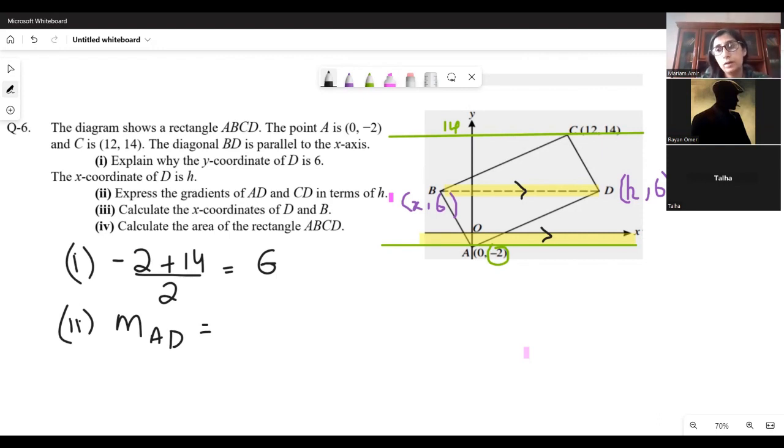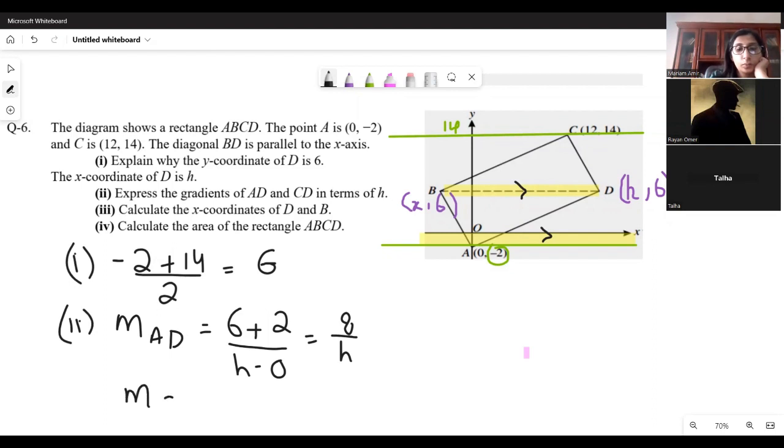Then y2 minus y1 goes in the numerator: 6 plus 2 in the numerator and h minus 0 in the denominator. So that's 8 over h. That is the slope of AD in terms of h.